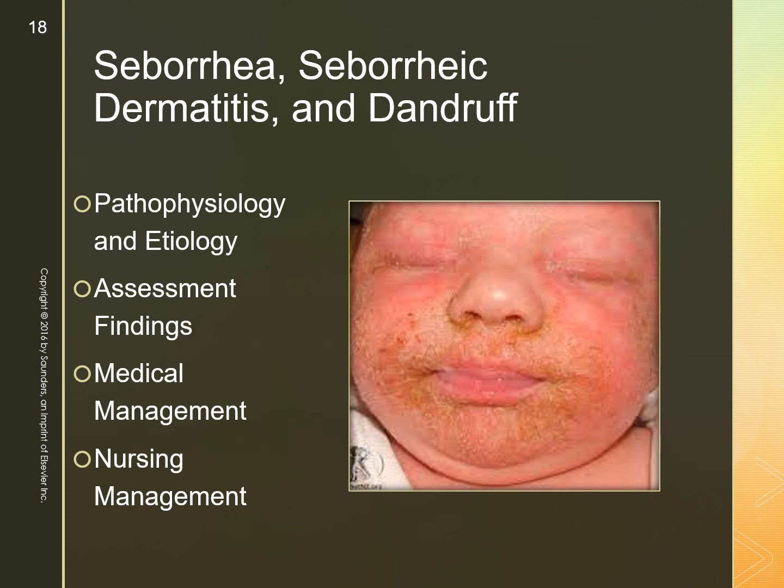Seborrhea and dandruff are non-inflammatory conditions, sometimes accompanied by seborrheic dermatitis, which does have an inflammatory component. Seborrhea is caused by excessive secretions from the sebaceous glands. The scalp is the primary site, and dandruff can also be caused by a fungus.